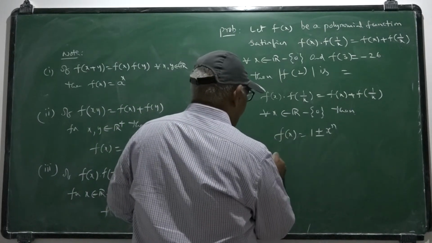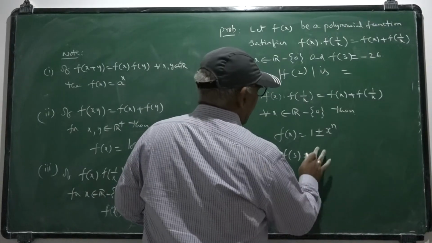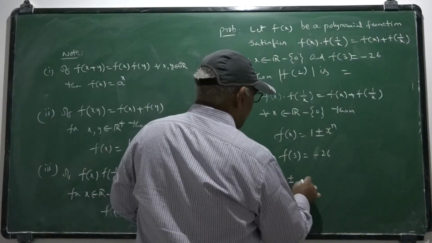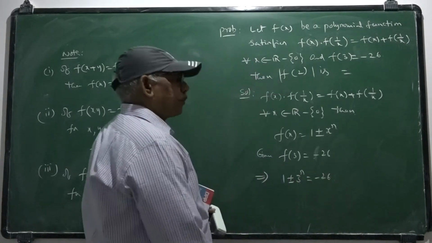Given here f(3) is minus 26, which implies 1 plus or minus 3 power n takes the value minus 26.